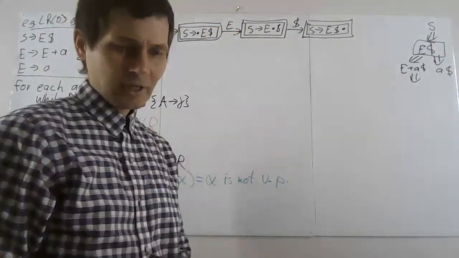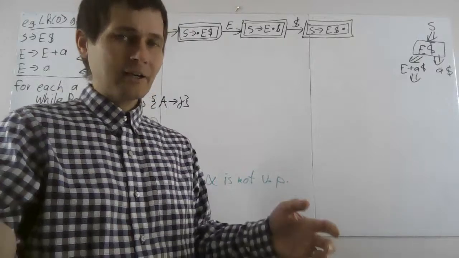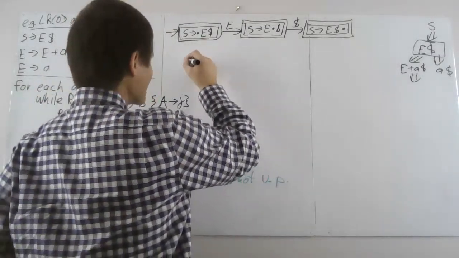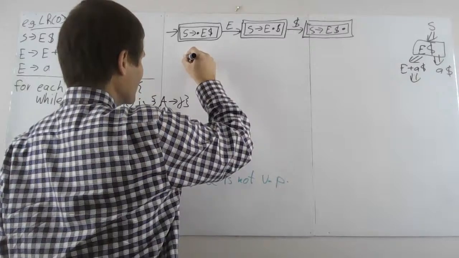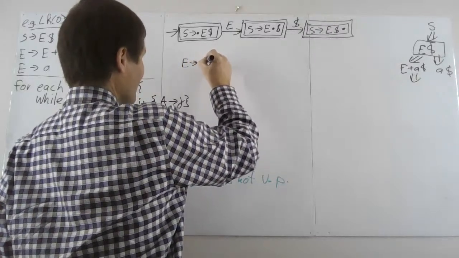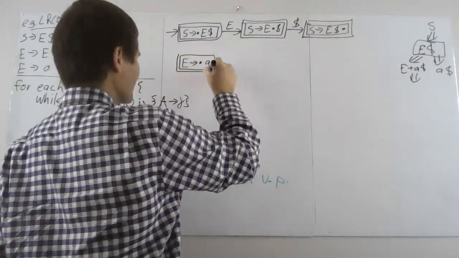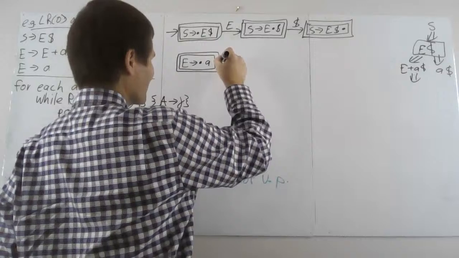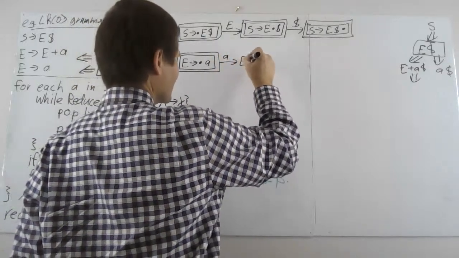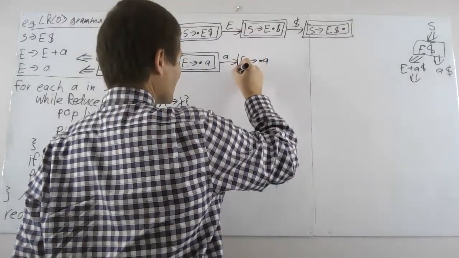So the way I'm going to encode that is I'm going to take this transition E, and instead of going through an E, you can go through A, following the last production rule in my grammar. So I'm going to write this as E goes to dot A. Maybe the labels on the states are distracting at this point, so maybe ignore the labels for a second.